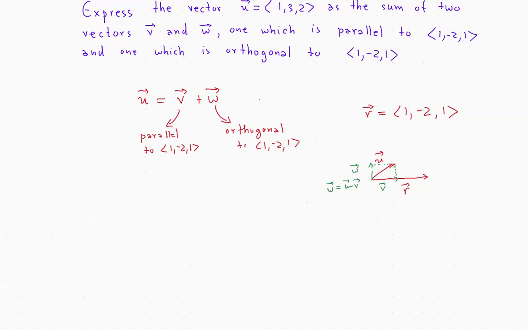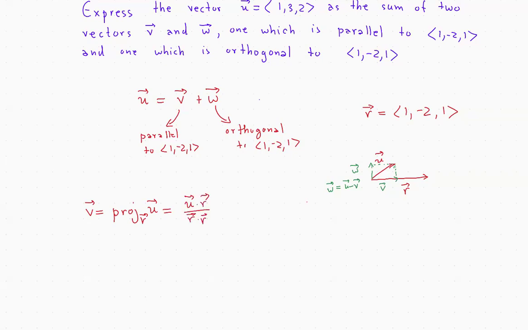So v is going to be the projection onto the vector r of the vector u. And what is the formula for the projection? It's u dot r over r dot r, and we scale r by this number.